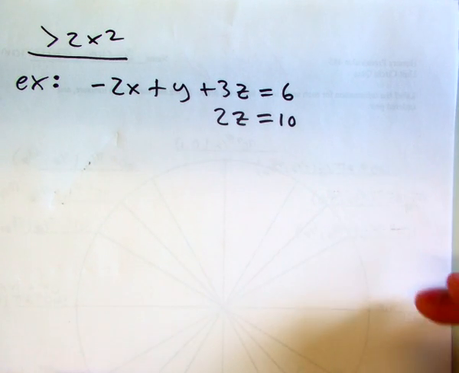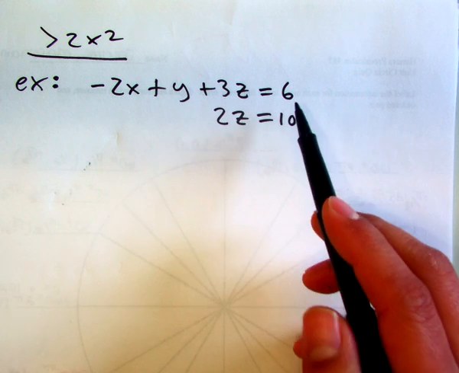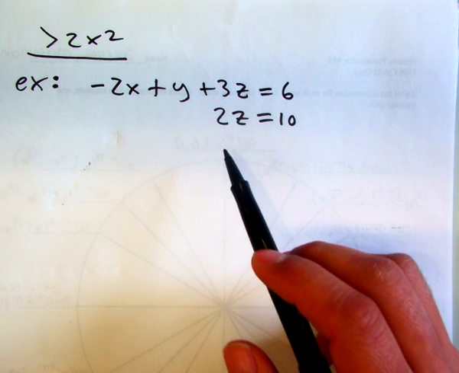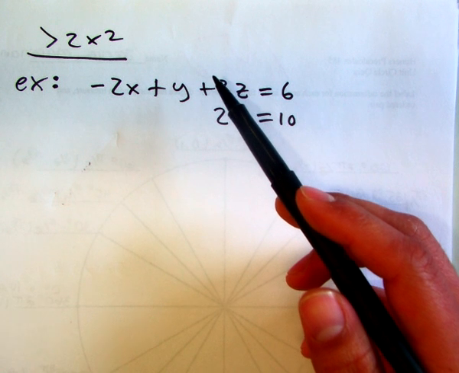Okay? This would be considered how many equations? And how many different unknowns are there? So this is a 2 by 3. You got 2 equations, you got 3 unknowns.